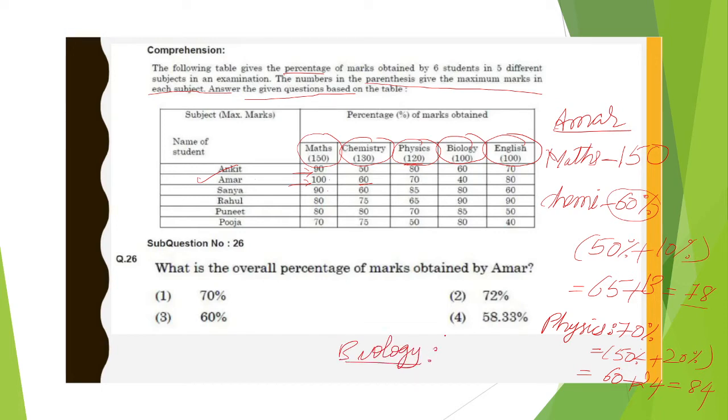Next, biology. What are Amar's marks in biology? He got 40 percentage. The total is 100, so he got 40 out of 100, which means 40 marks only. Out of 100 we can calculate very easily: 10 percentage means 10, 20 percentage means 20, 30 percentage means 30, 40 percentage means 40.